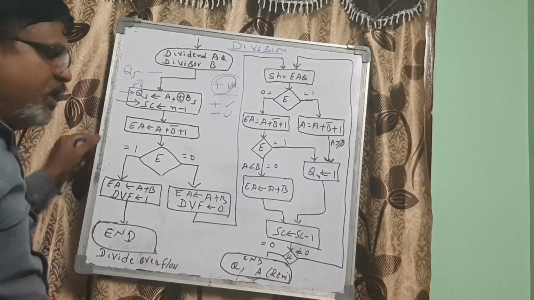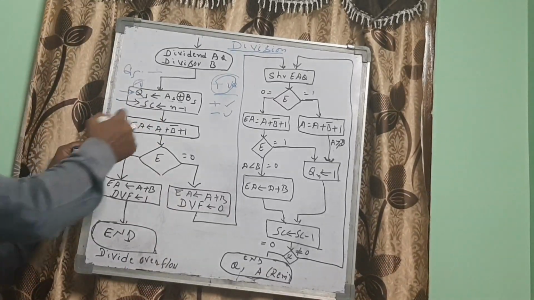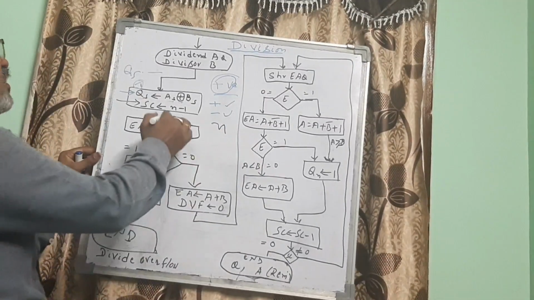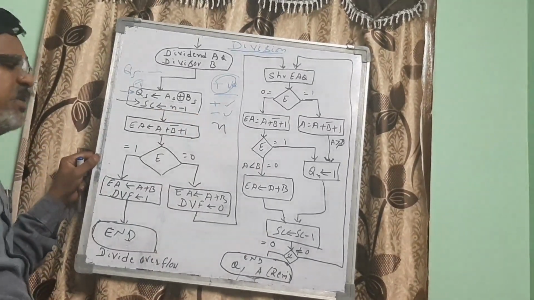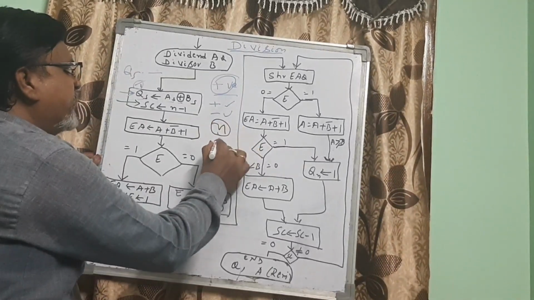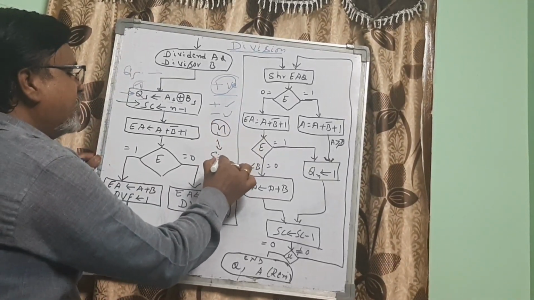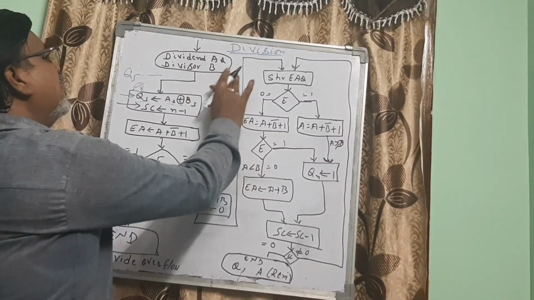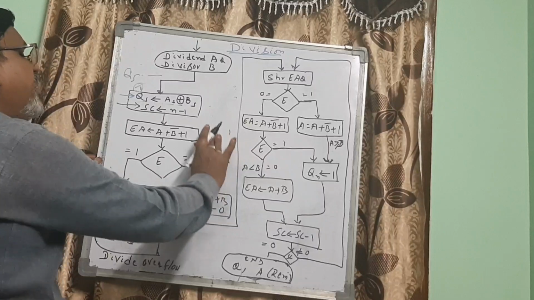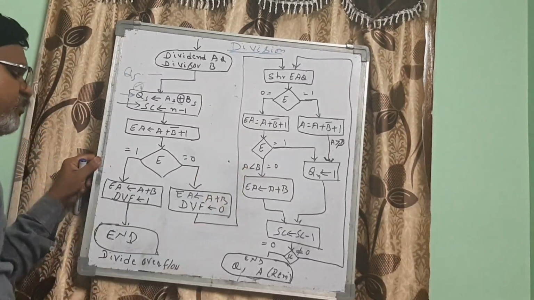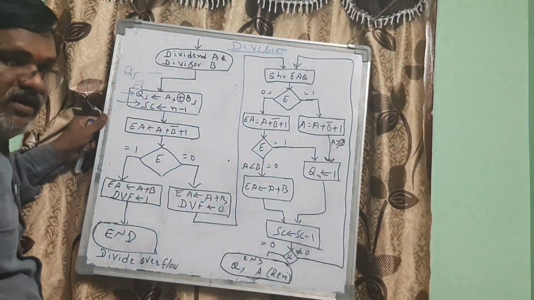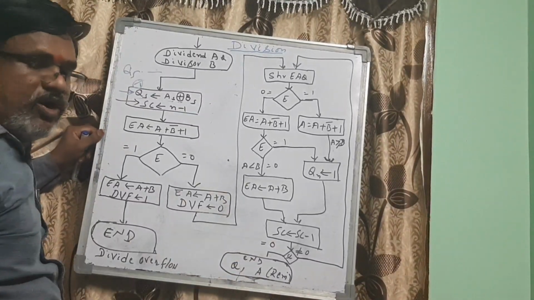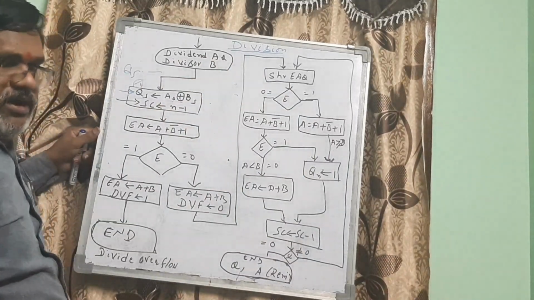Initially, by removing the sign bit, if the total number of bits in the dividend or divisor is n, then SC will be set to n minus 1, because the nth bit represents the sign. Every time the SC will be decremented. If the SC becomes 0, then it ends. If SC is not 0, then you have to keep on continuing the division operation.